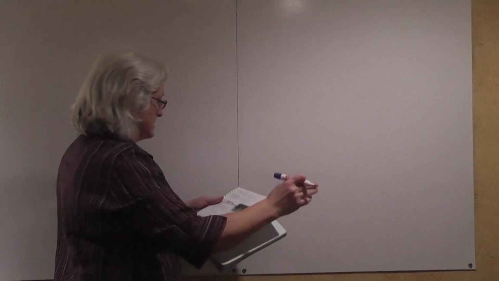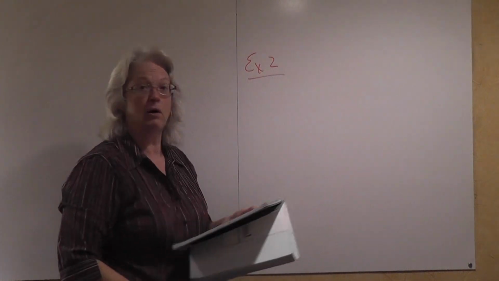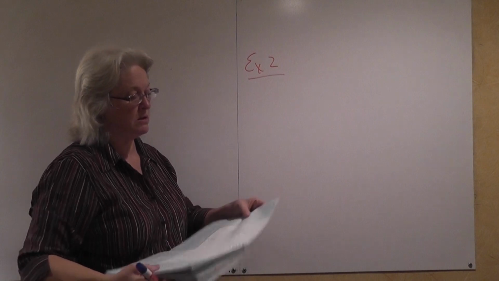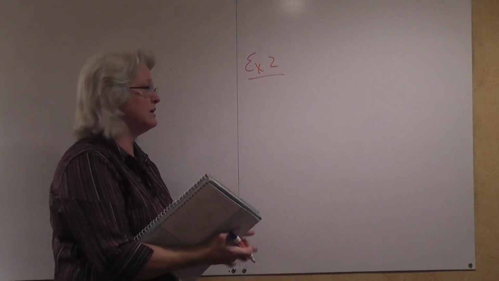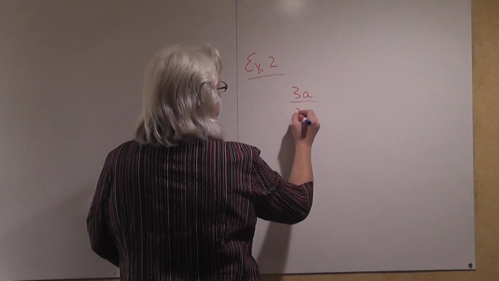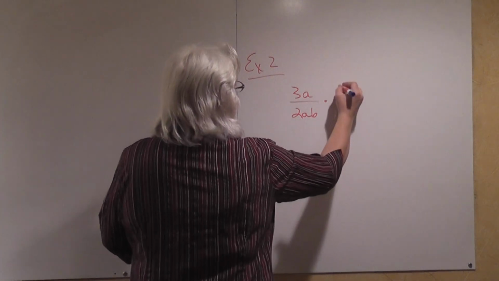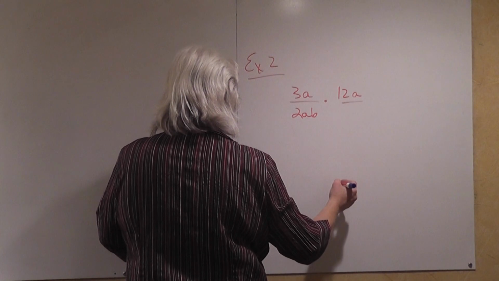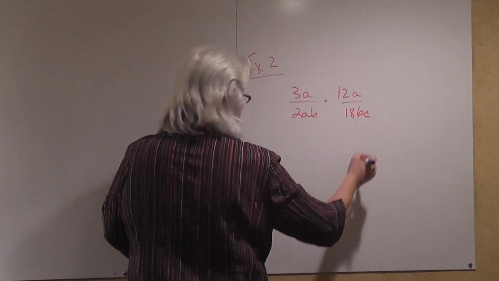Let's go ahead and look at example 2, on page 486. Let's see if I can see this with my glasses. 3a divided by 2ab times 12a divided by 18bc.